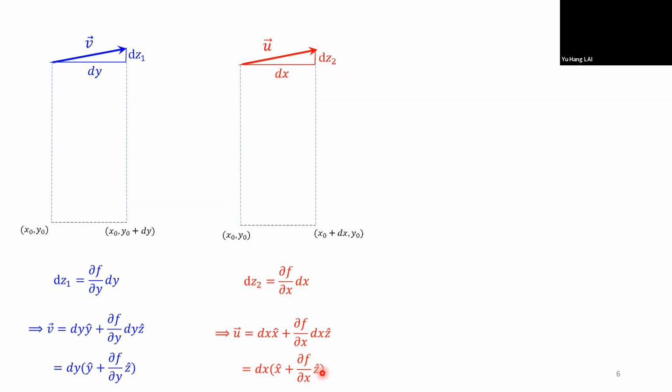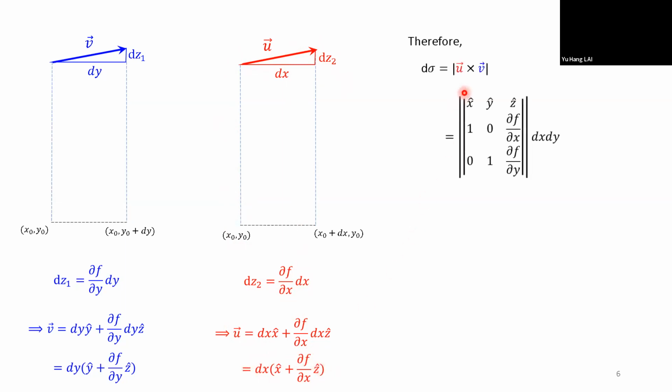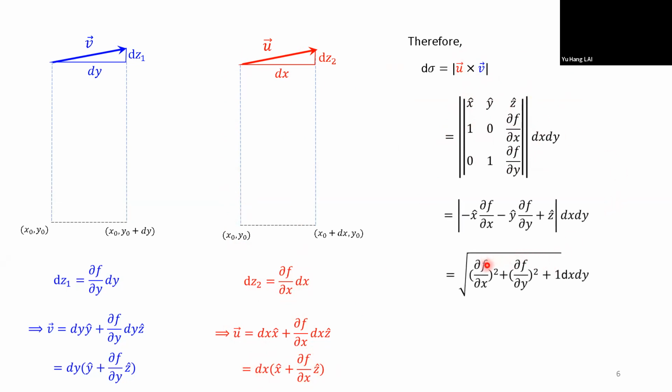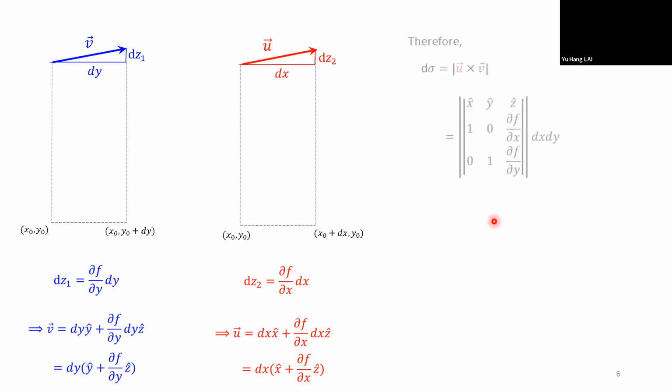So I have u, I have v, then I can do the cross product. Writing it as a determinant, at the end I got this one. This is the same as what we obtained using the argument of the gradient vector. So if you think the gradient vector's argument is a bit more difficult to follow, you can try this one.